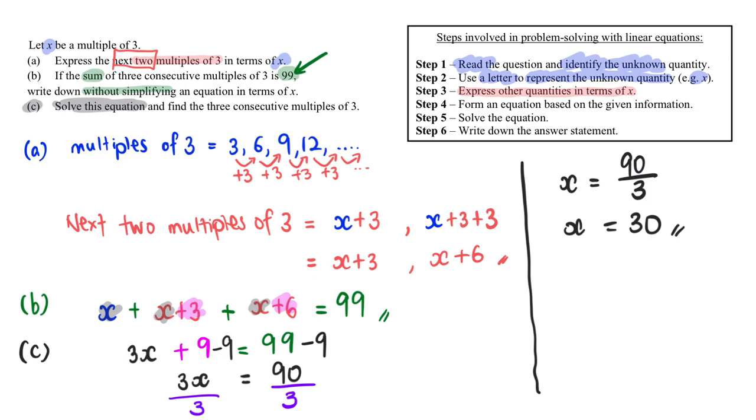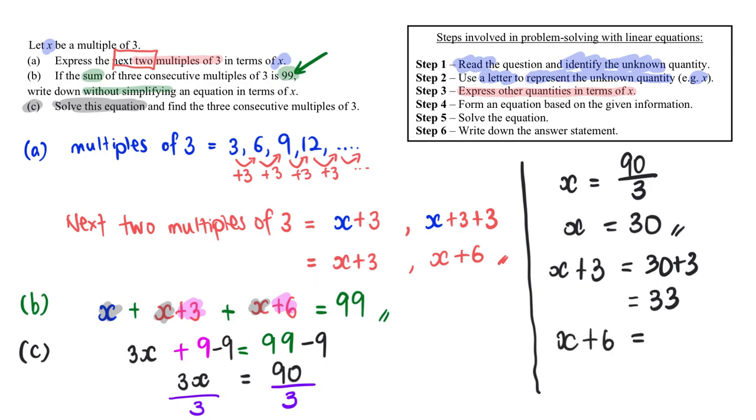And my next two multiples of 3 would then be, the first one will be x plus 3, the next multiple will be 30 plus 3 is 33.